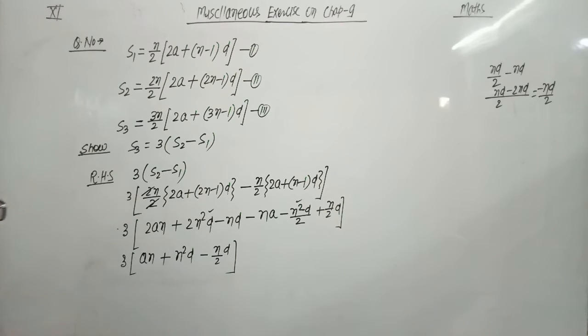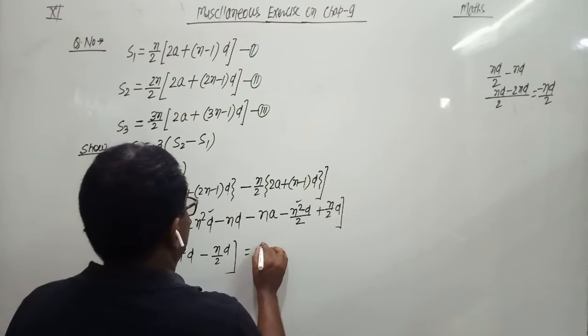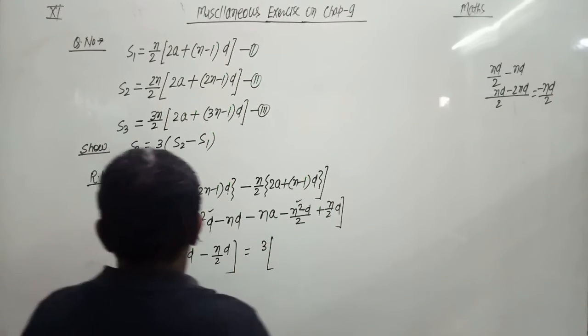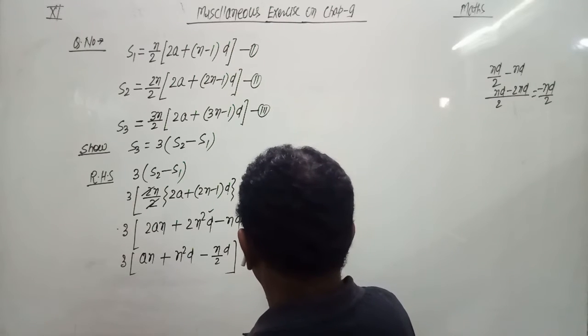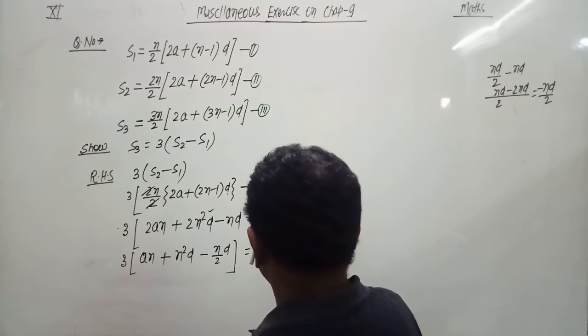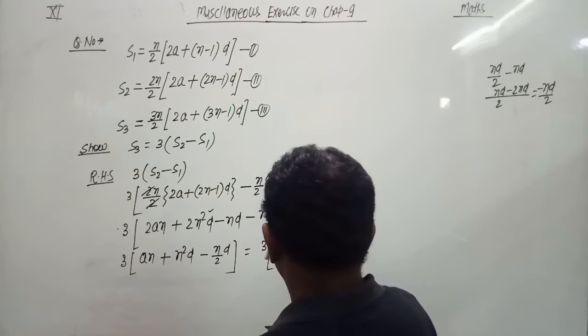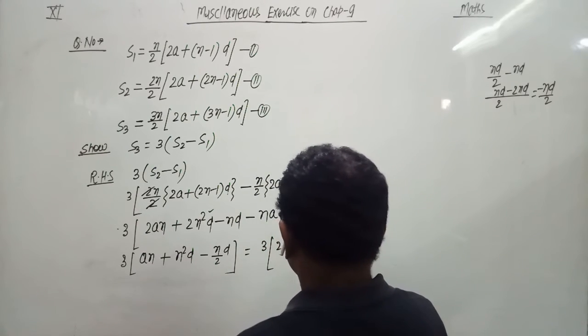And this can be written as, by taking LCM, 2 multiplied by an, 2an plus 2n square d minus nd and whole upon 2.